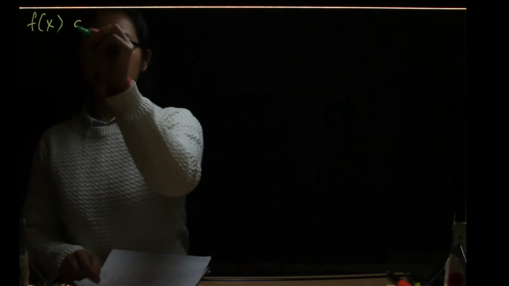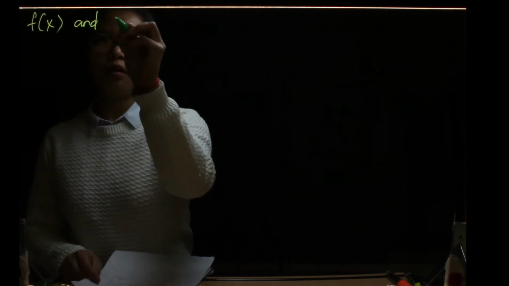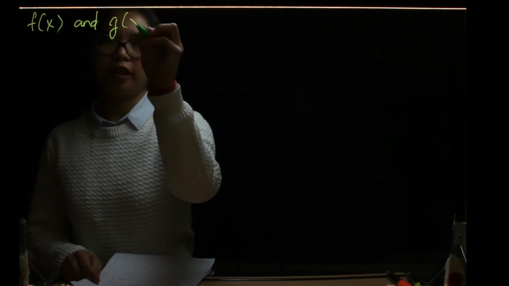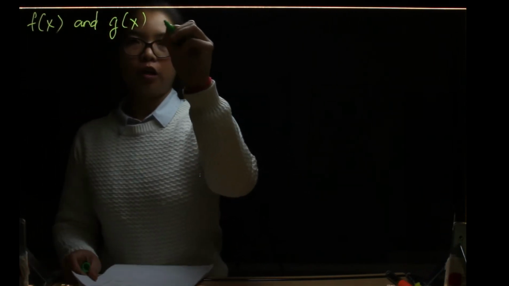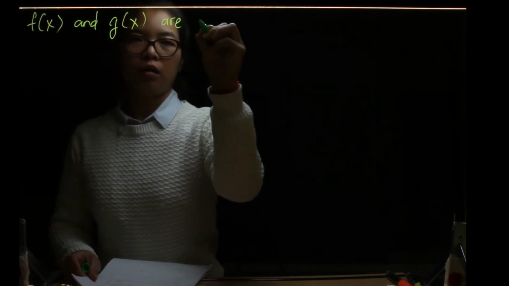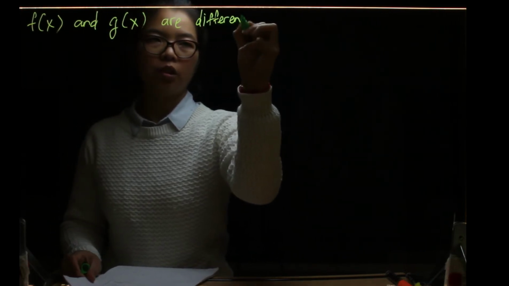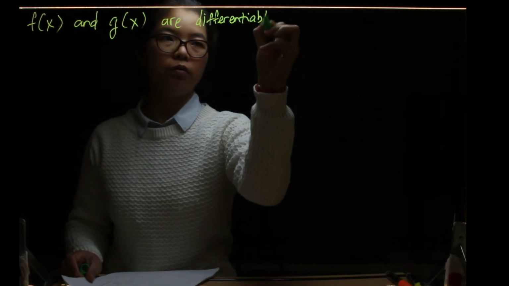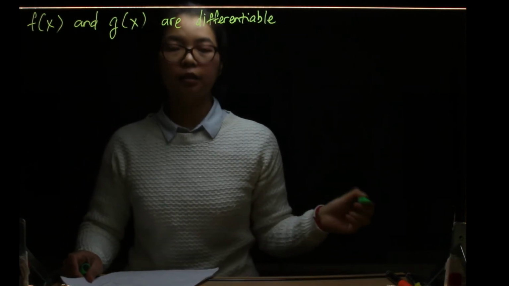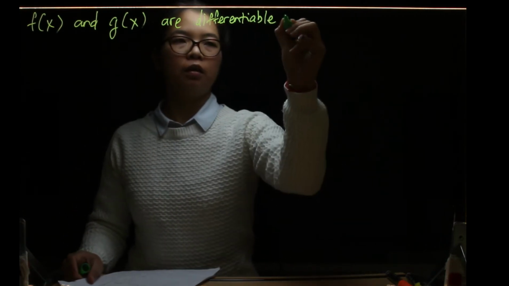Now we move to a bit more complicated cases where we have, let's say, two functions f(x) and g(x), which are differentiable, which means their derivatives exist.